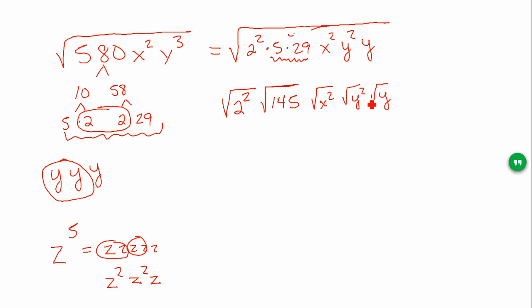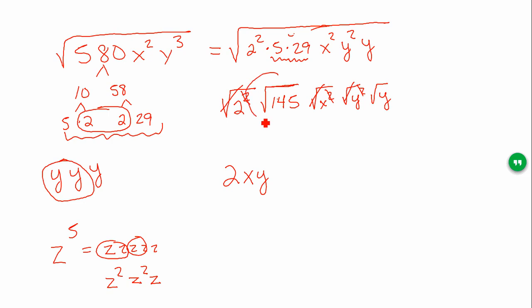Now, when I continue to simplify this radical, radicals and squares are opposites of each other. They cancel out. So a radical and a square cancel out, leaving us with the number 2. A radical and a square cancel each other out, leaving us with an x. A radical and a square cancel each other out, leaving us with a y.